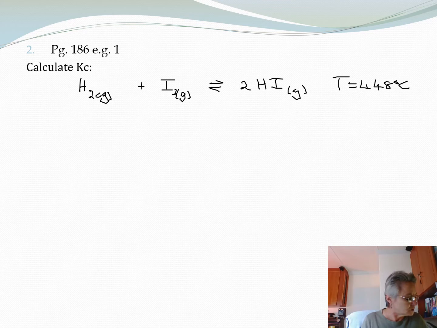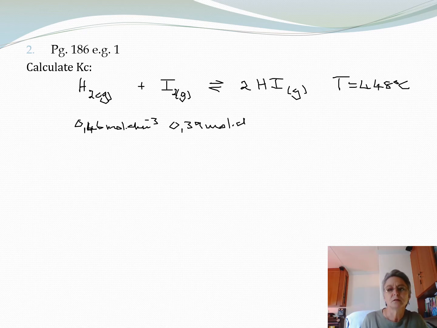the concentration of hydrogen is 0.46 mole per cubic decimeter, the concentration of iodine is 0.39 mole per cubic decimeter, and the concentration of hydrogen iodide is 3 mole per cubic decimeter.